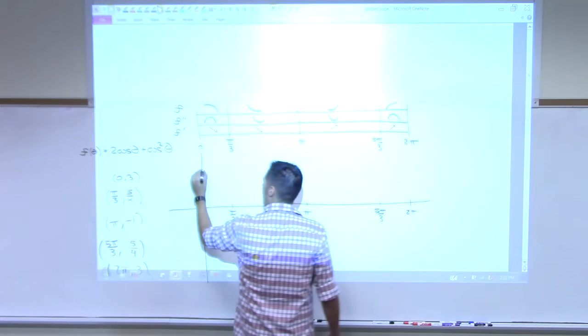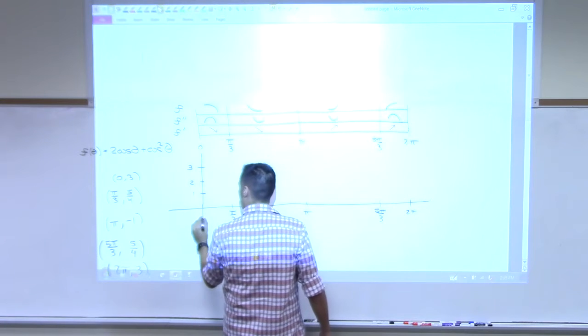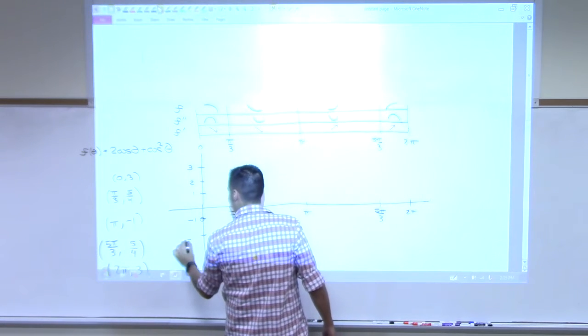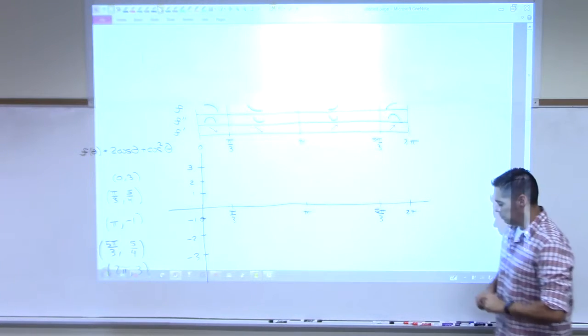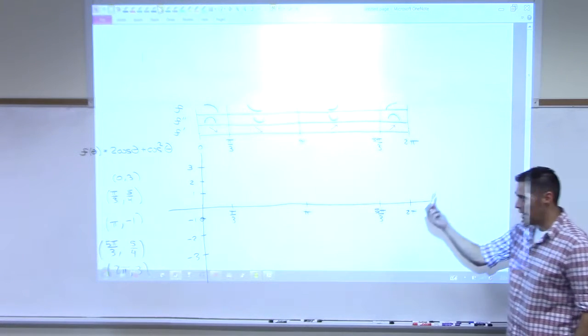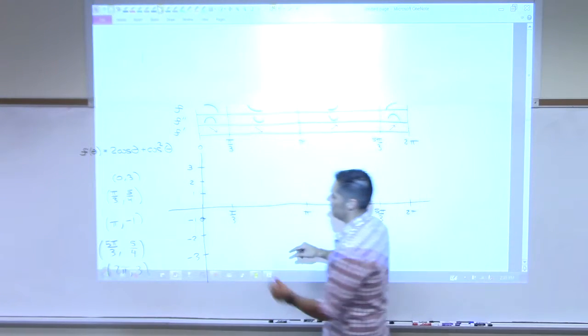So I need to make sure when I draw this, here's my y-axis, I go up high enough. Here's 3, here's 2, here's 1, here's -1, here's -2, here's -3. My picture will be in red. At 0, my function is at 3.